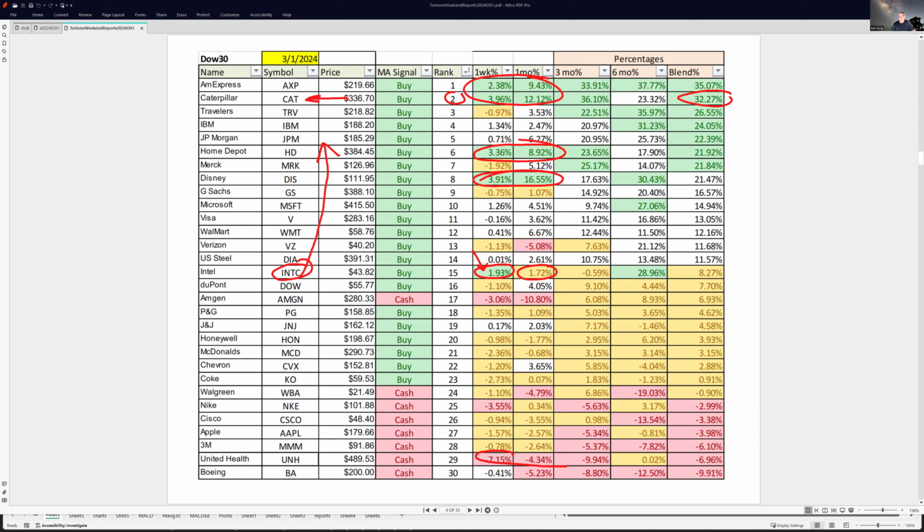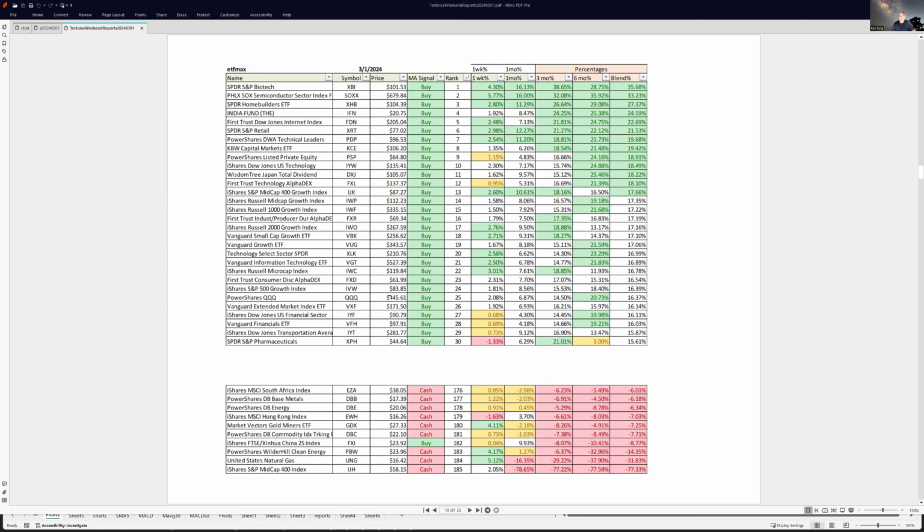Nike and United Health just can't get out of the dungeon. And Apple's just getting slaughtered. They've lost their edge completely. Here are consumer knickknacks.